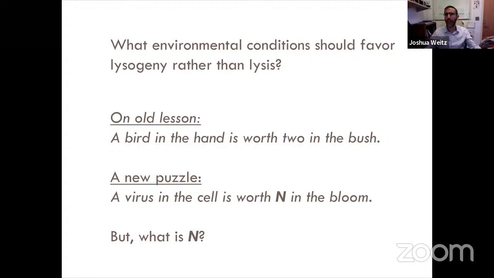And also, how many cells need to be out there, and how uncertain does the situation have to be for it to be worth giving up the cell that the virus has found, and then going back out into the environment, this uncertain environment.